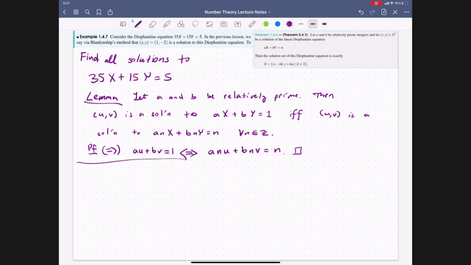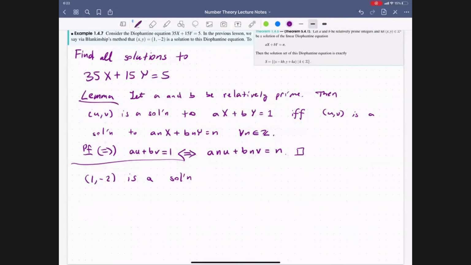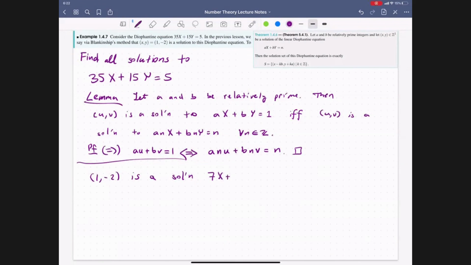So now (1, -2) is a solution to 35x + 15y = 5, but it's also a solution once we divide by 5. So we have 7x + 3y equals 1. By the theorem (1.4.6), the solution set to 7x + 3y = 1 is the same as the set.